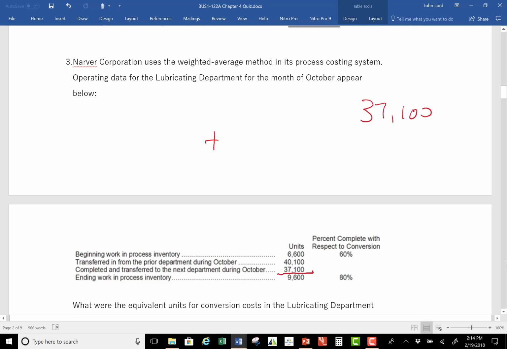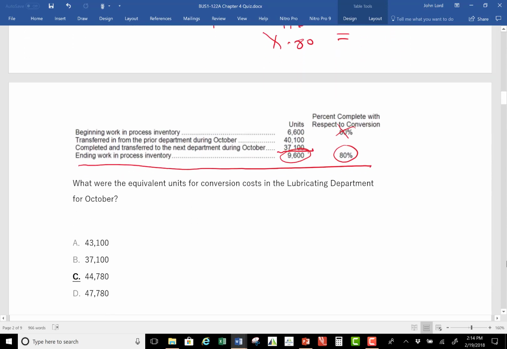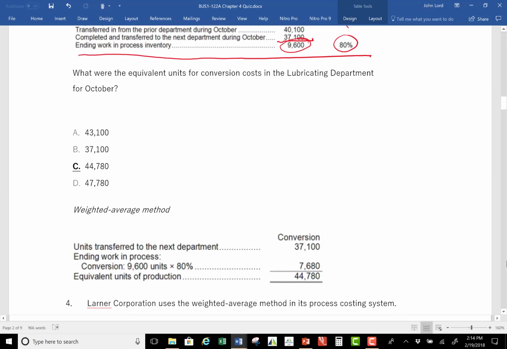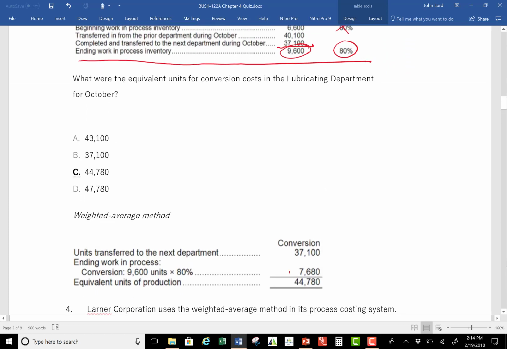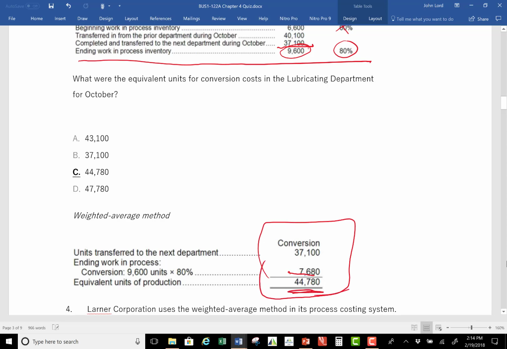We don't worry about the beginning work that was done there, at least not for weighted average, which is all we're worrying about for our test. So we pick up the 9,600, and we give ourselves credit for how much work being done this period? 80%. We multiply that out, 9,600 times 0.8, and they show me here 7,680. That gives me the equivalent units.